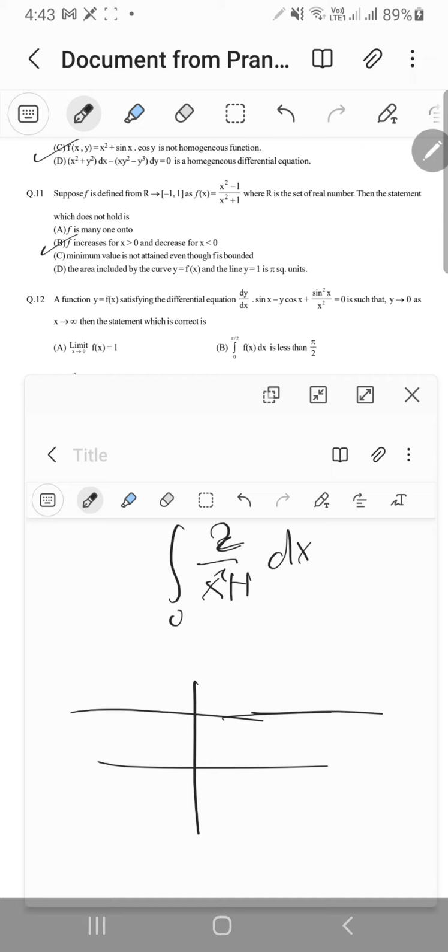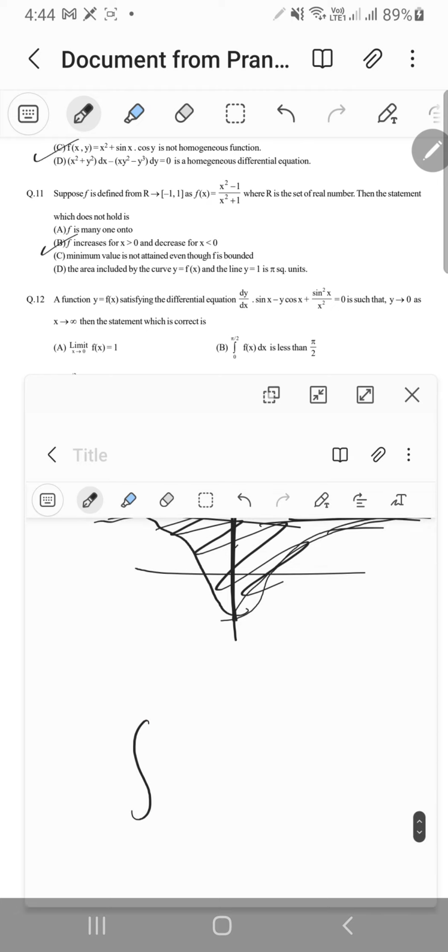When x is 0, this starts off as -1, and then starts to increase. It goes like that. Over here too, it goes something like this. Cool. So what does this tell us? It should be differentiable after all, so the curve should be like that. Anyway, you just want to find out what this complete area is.